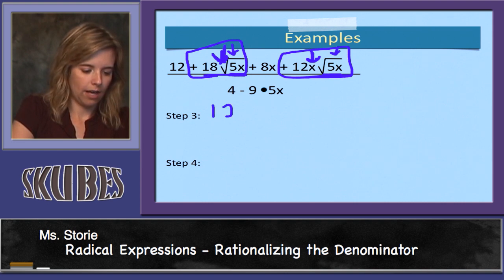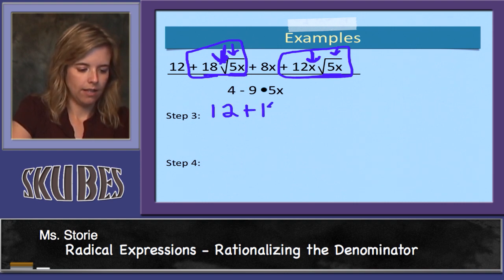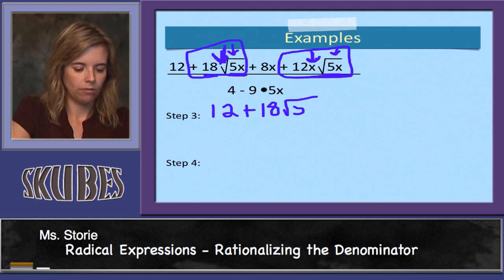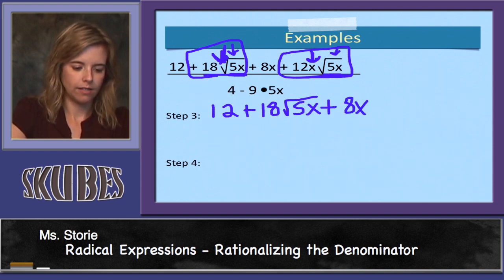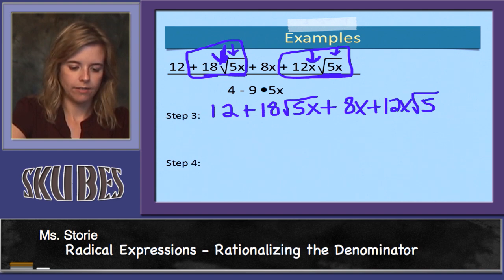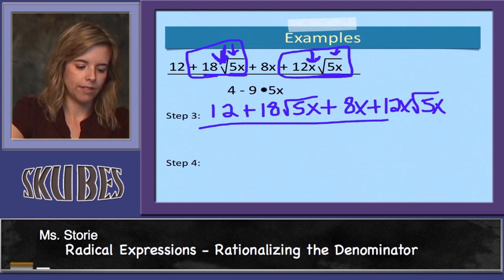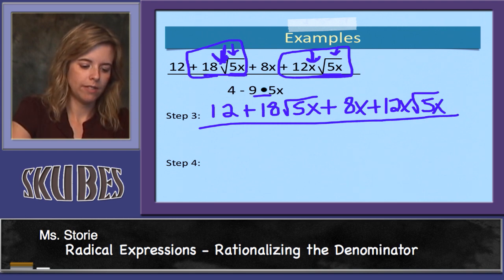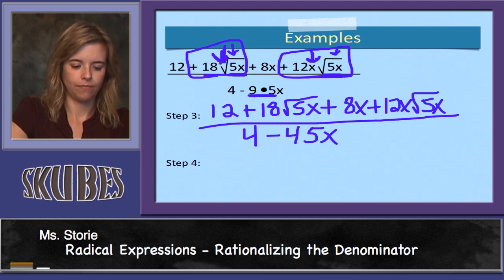So your numerator is going to stay how it is, 12 plus 18 radical 5x plus 8x plus 12x radical 5x. Now on the denominator, PEMDAS says you do multiplication first. So we're going to multiply negative 9 times 5. So we have 4 minus 45x.